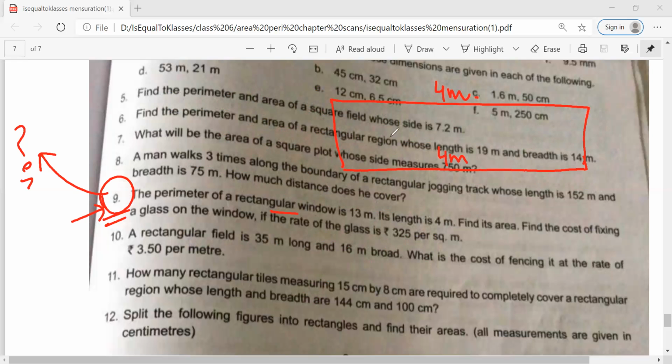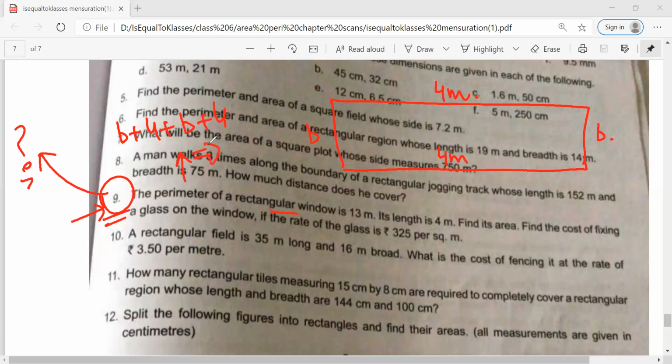The perimeter is given. Let us say that the breadth is B and this is B. Mr. Sarthak, is it okay? Yes, sir. So, Mr. Sarthak, the perimeter would be equal to B plus 4 plus B plus 4.